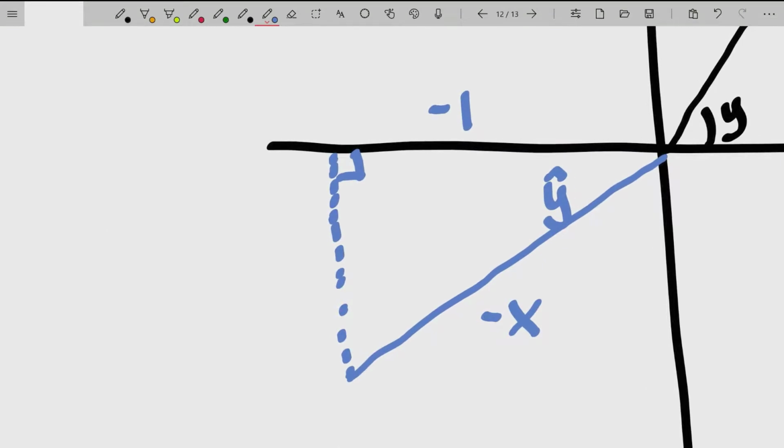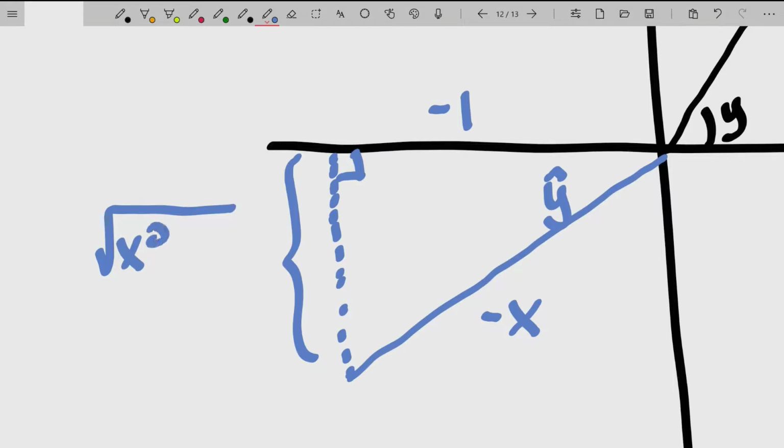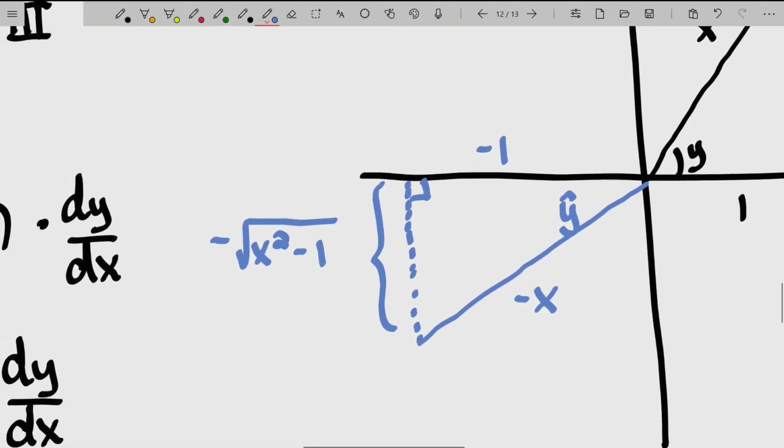That's how that works. All right. So using the Pythagorean theorem, you get that this distance right here is the square root of negative x being squared, so x squared, minus a negative 1 being squared, 1. But it's going to be negative because it's a y value. It's in quadrant 3, so it's a negative value.